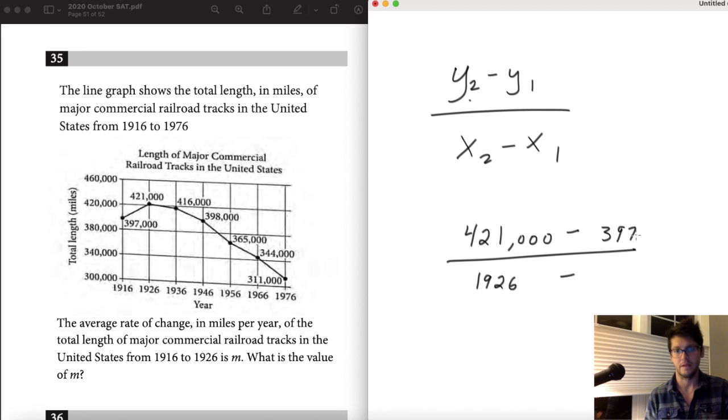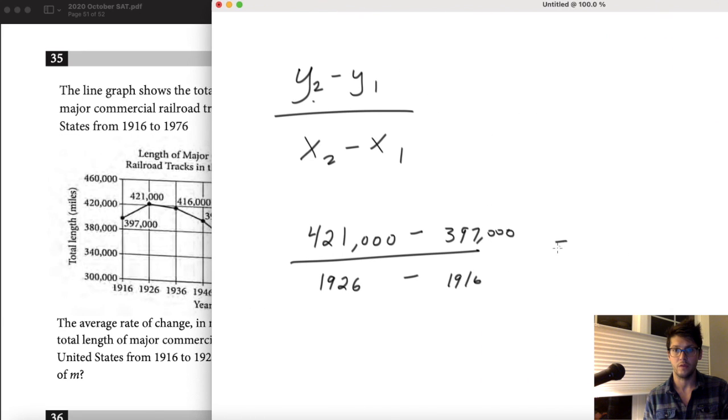I didn't want to lose my zeros along the way. So this is 21 and then another 3. This is 24,000. What I just did there is I said this is 21,000 to get us down to 400, and then another 3,000 more to get us to 397. 24,000 over 10, cross off a 0, 2,400 over 1, or just 2,400. Rise over run.